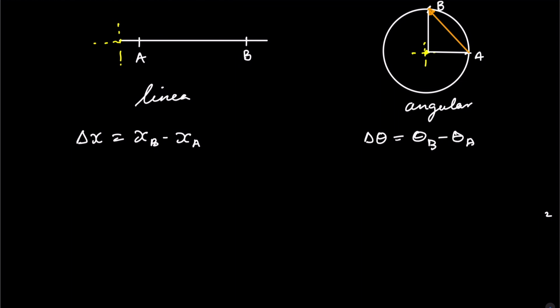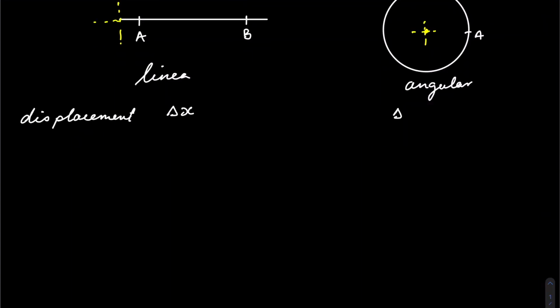Instead, we will be focusing on the arc length, which depends on the radius multiplied by the change in angle. So this side will be the linear motion, and this side will be the angular motion.